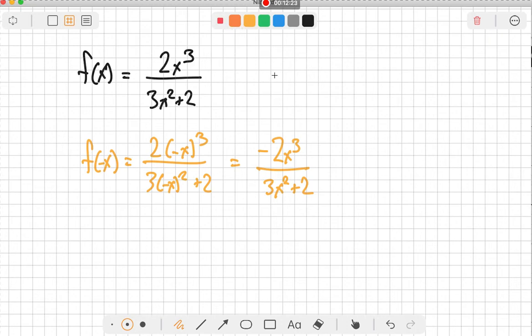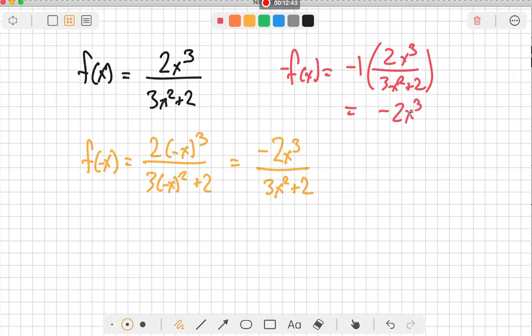We'll just look at what is the opposite of f of x. That's negative 1 times 2x to the third over 3x squared plus 2. And when we do this, we could put the negative on top and make the numerator negative and the denominator positive, or we could leave the numerator alone, 2x cubed, and take the opposite of the denominator.